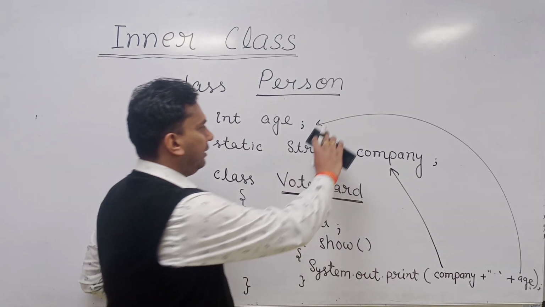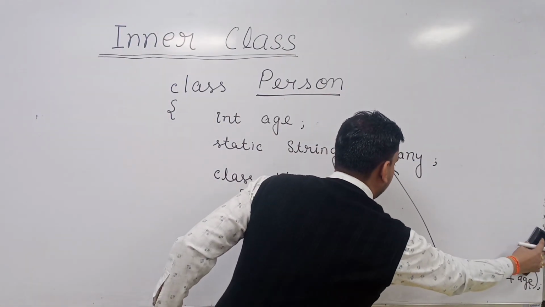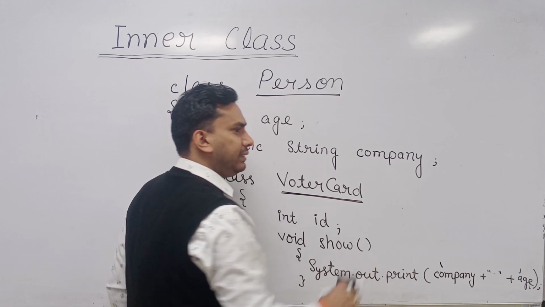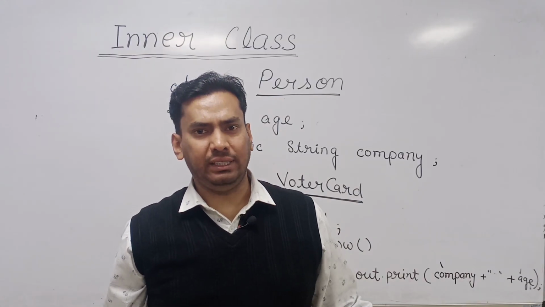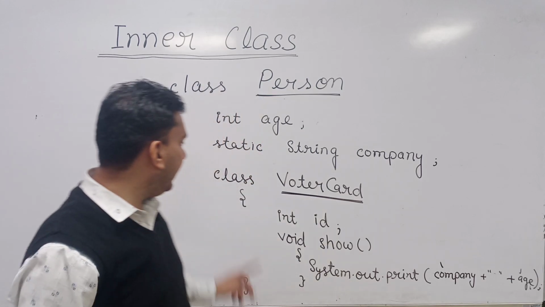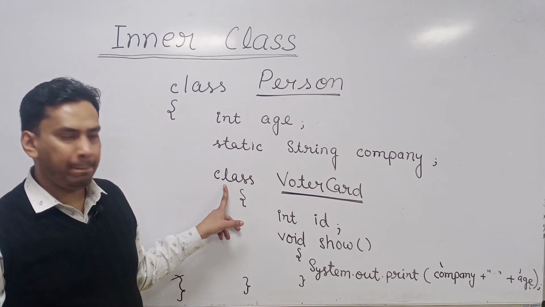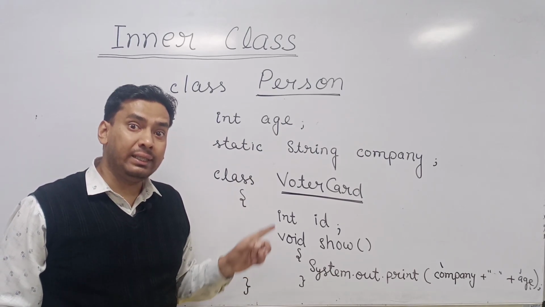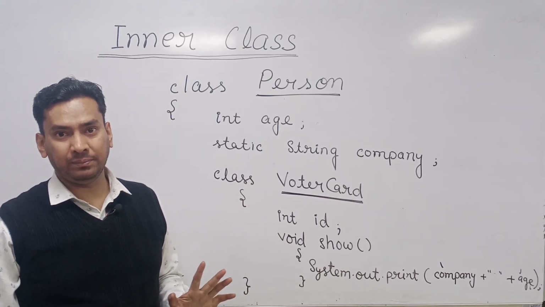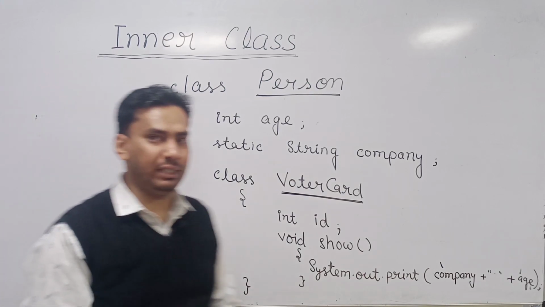Third difference is, as I told you in the static nested class, that static nested class can define its own static as well as non-static member. But non-static nested class, inner class, cannot define its own static members. This is the restriction, you can say.